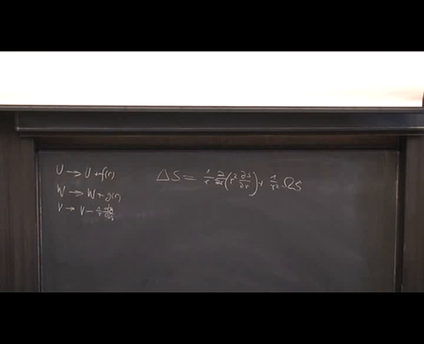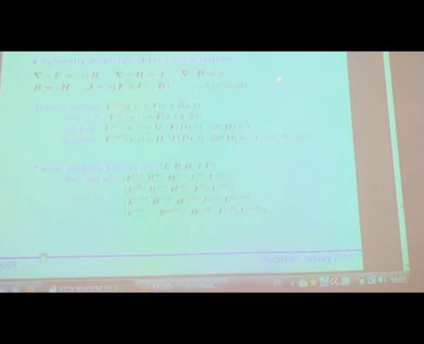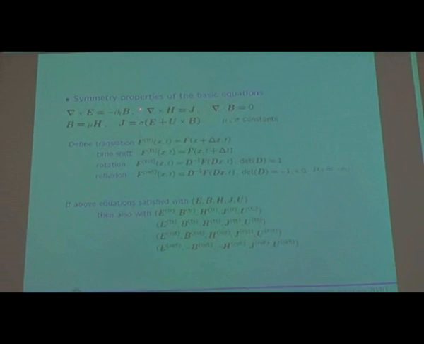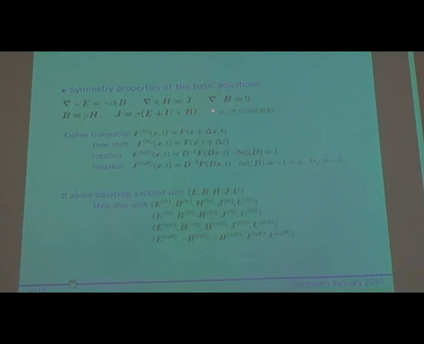Another more mathematical aspect, symmetry properties of the basic equations. I mean, these equations have certain properties with respect to changes of the quantities E, B, J, and so on.